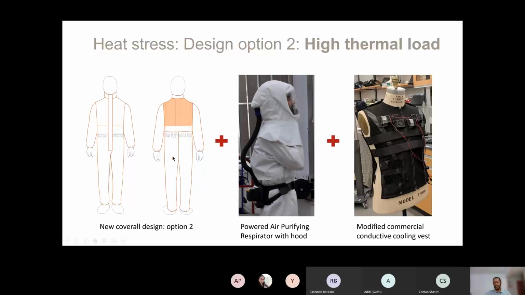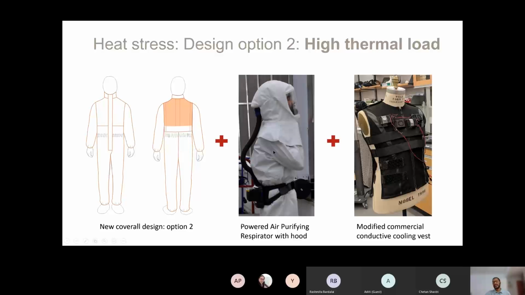In this design option, the individual is wearing a powered air purifying respirator. You can wear this in a contaminated environment, and the device sucks in the contaminated air, purifies it through air filters, and then blows the cool air inside the chemical suit.